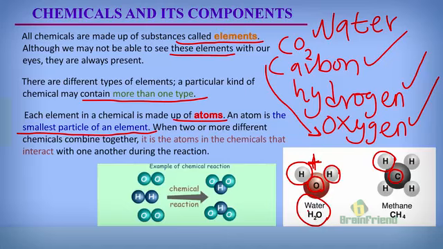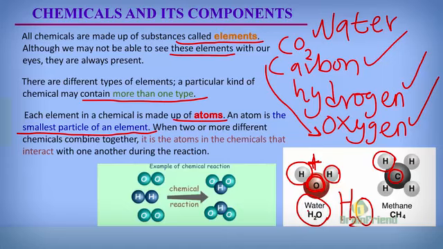How about oxygen in water? We have just one atom of oxygen. That is why the symbol of water is written as H2O, telling you that we have two atoms of H, that is hydrogen, and one atom of oxygen, making O. That's one atom of oxygen and two atoms of hydrogen.